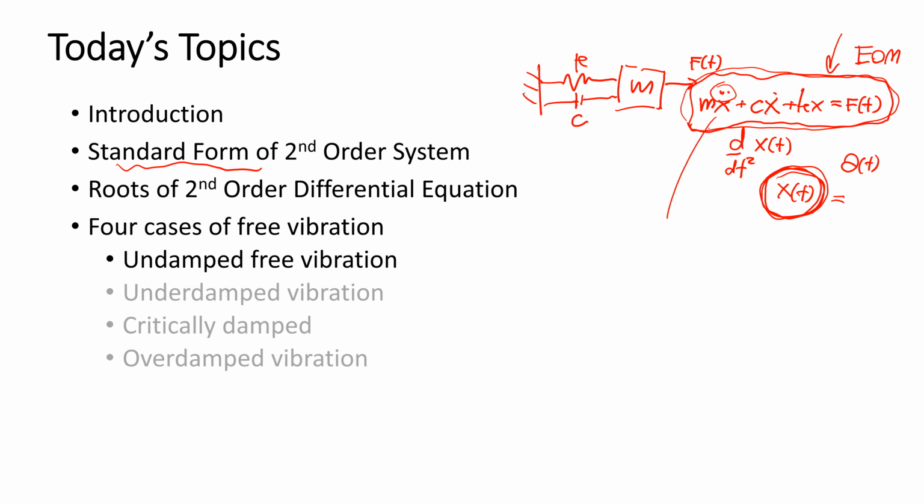If you still remember, this is a second order equation. So we may need to use the auxiliary parameter R to represent the time derivative like this. And when we solve for R from the second order system, it's going to be the quadratic root.